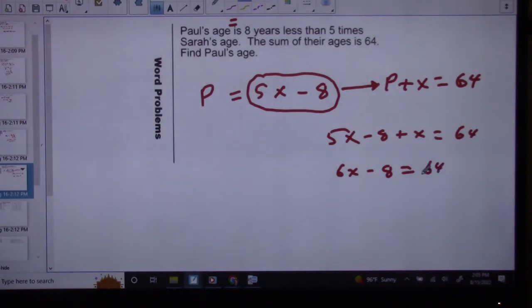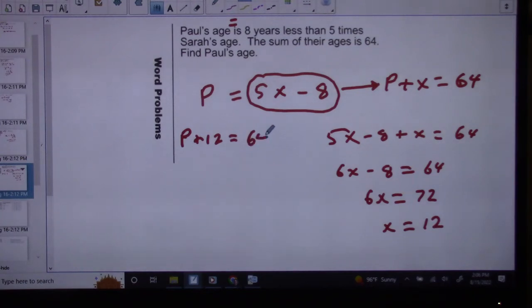And then if you add 8, you get 6X equals 72. And so X is going to be equal to 72 divided by 6, X is equal to 12. And then we know that P plus X, which is 12, is 64. So how old is Paul? Paul is going to be 52 years.